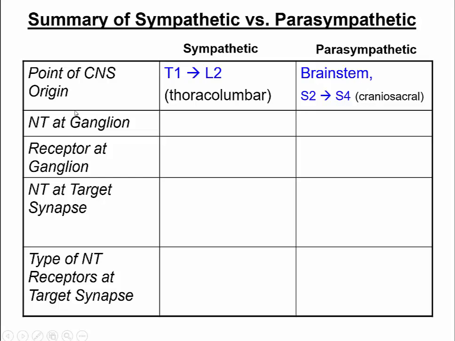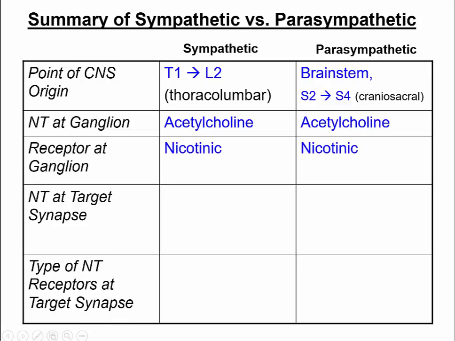In the sympathetic nervous system, the neurotransmitter at the ganglion is acetylcholine. Parasympathetic is also acetylcholine, because we know that all preganglionic, sympathetic or parasympathetic neurons release acetylcholine as their neurotransmitter at the ganglion. What's the receptor at the ganglion for this acetylcholine on both sympathetic and parasympathetic? Nicotinic. Now, when you look at the sympathetic, the neurotransmitter at the target synapse, so that postganglionic neuron of the sympathetic nervous system, what type of neurotransmitter does it release?